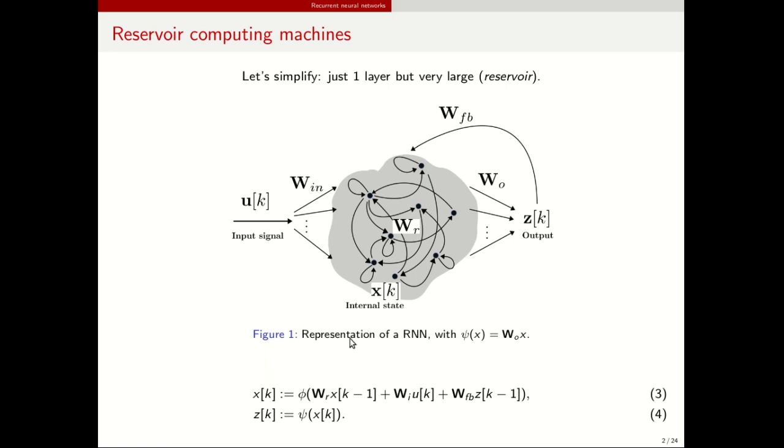And so that's the basic equation of a reservoir computing machine without leak rate. The output vector z is computed as a function of the internal state x at time k, and we call this function psi, which can be, as in the picture, a linear function by means of this matrix Wo, or more generally a nonlinear function psi. It really depends on the task.